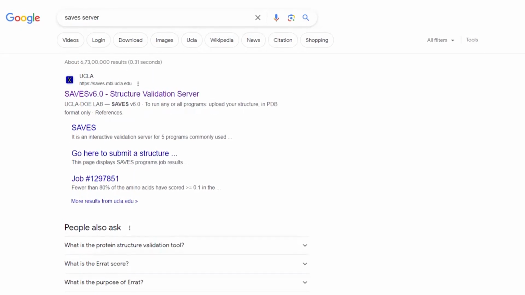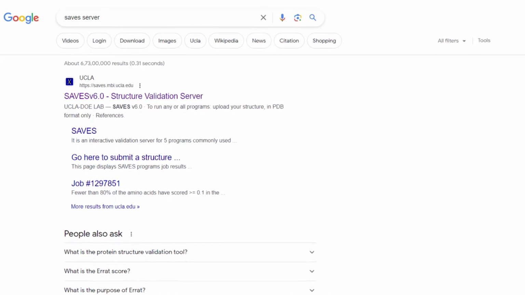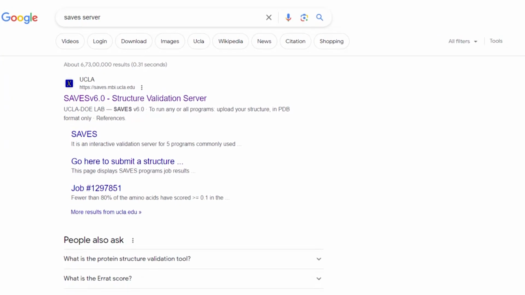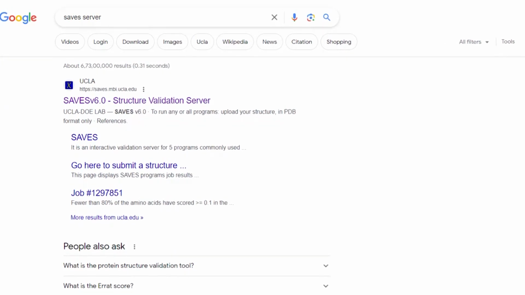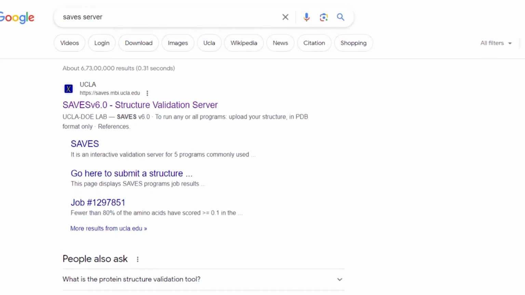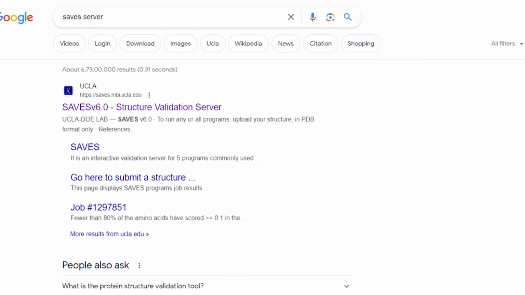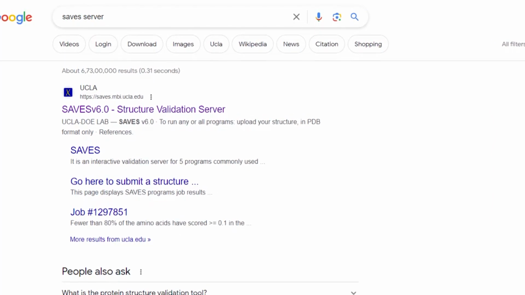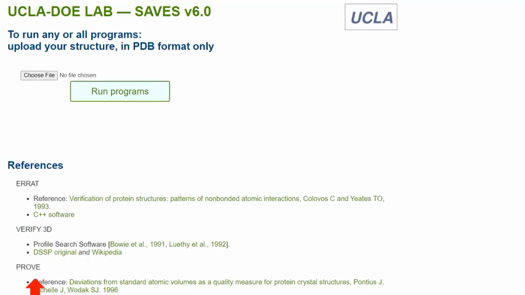For this model validation, the well known server is SAVS. Let us type SAVES in Google, and under UCLA you will see SAVS as one of the links. When you click that link, it will give you an open user interface as presented in this slide.